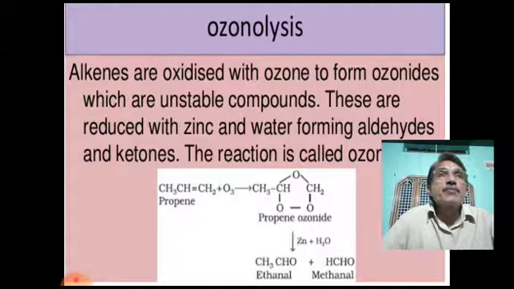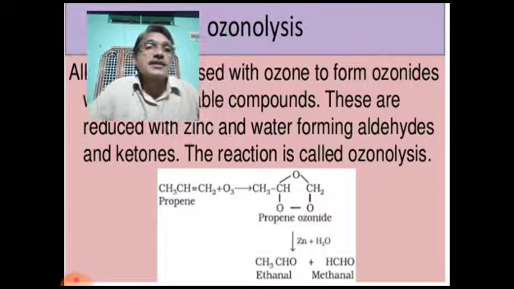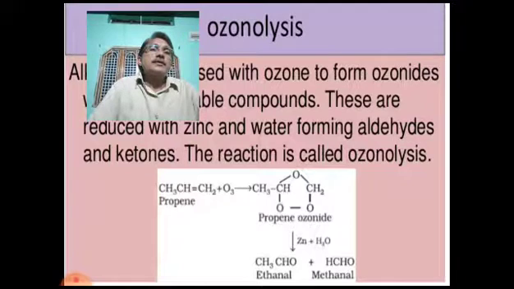Ozonolysis is one of the important reactions of alkenes. Alkenes are oxidized with ozone to form ozonides, which are unstable compounds. These are reduced with zinc and water forming aldehydes and ketones. This reaction is called ozonolysis. Ozonolysis is a test to identify the unsaturation.